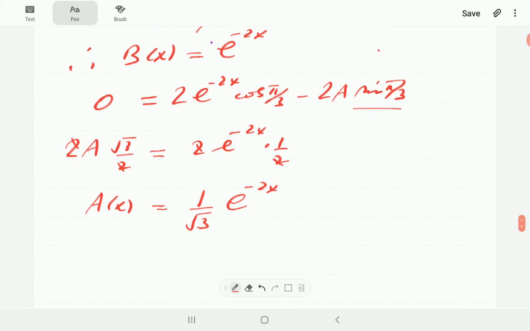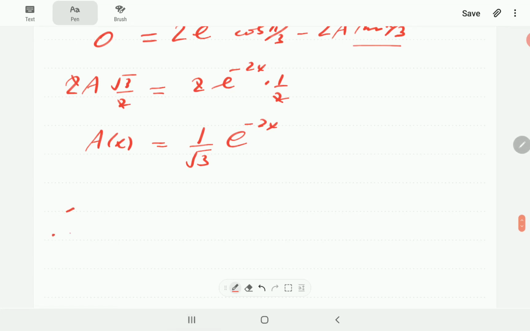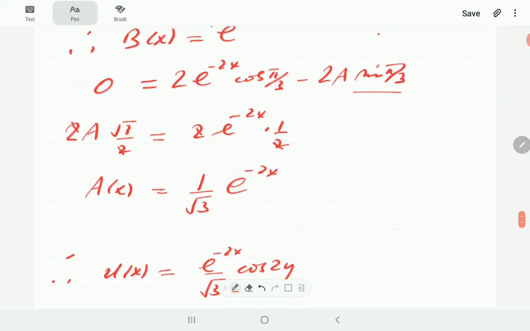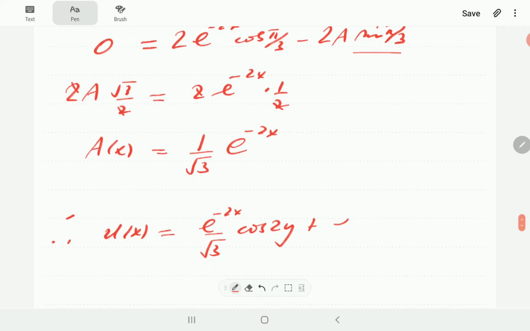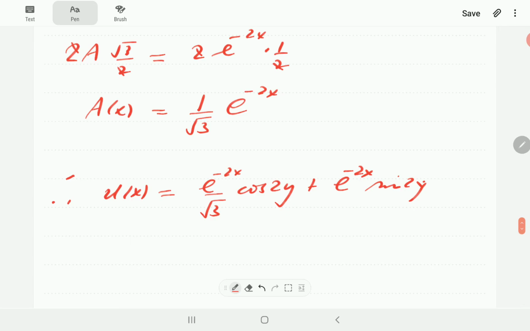Okay, so I've got a and b, and therefore we can write the solution. So this is going to be e to the minus 2x over root 3 cosine 2y, plus e to the minus 2x sine 2y.